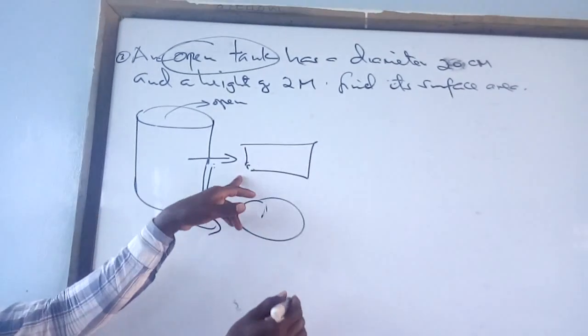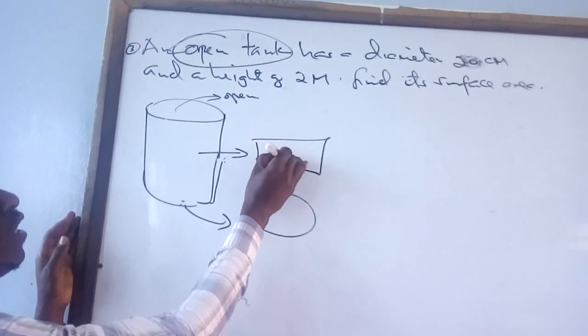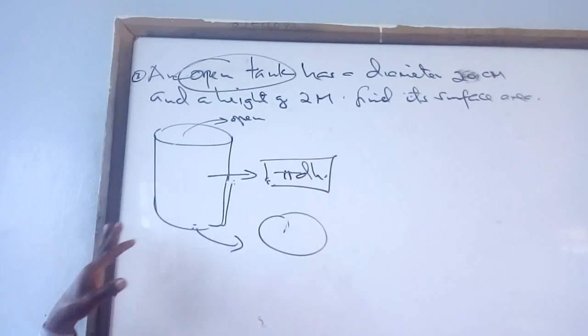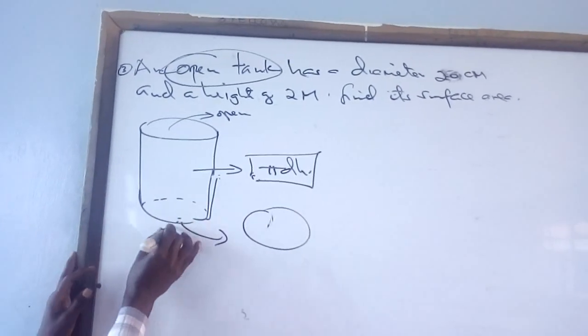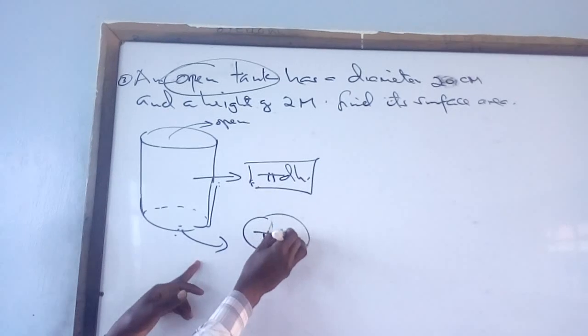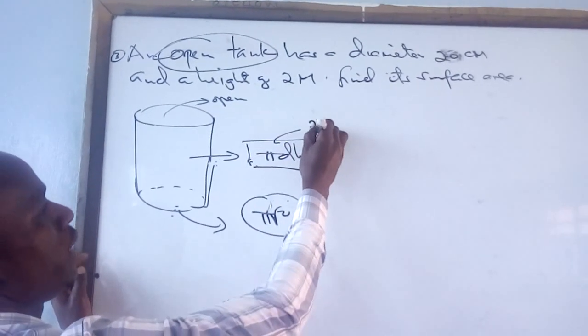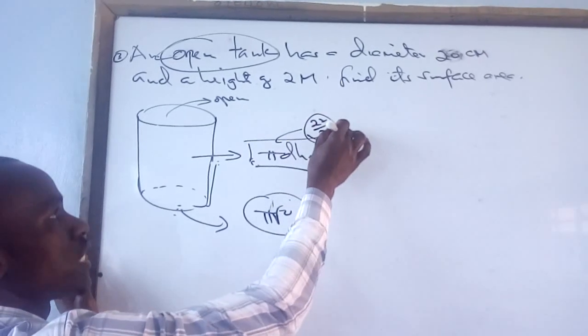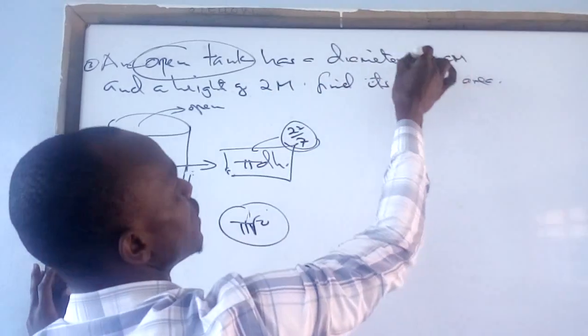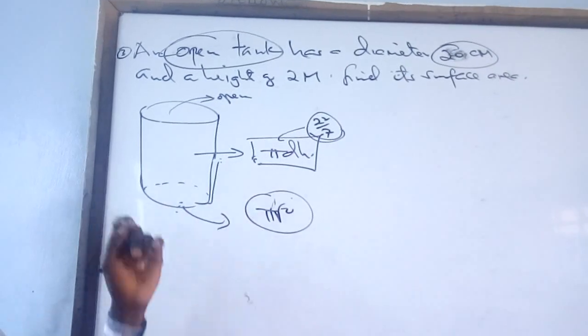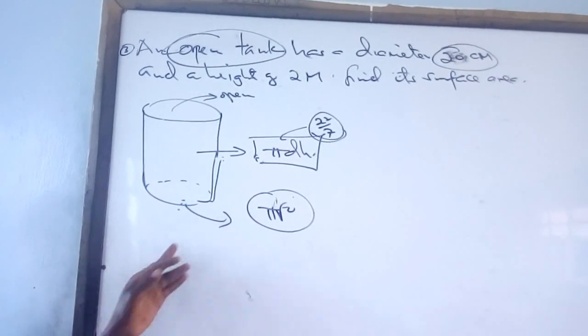The area of the curved surface of an open tank will again be pi dh. At the bottom we have a circle, which is again pi r squared. So pi dh will be pi, 22... but when we check our case, the diameter has been given as 20. 20 is not a multiple of 7.